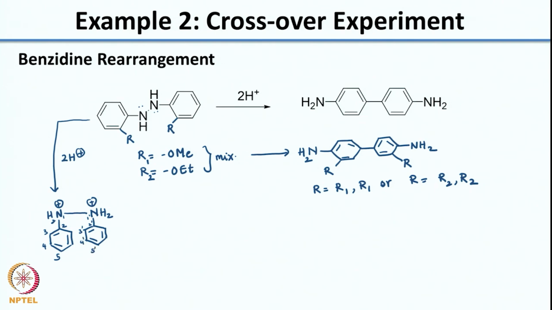So, just like we did the 3,3 sigmatropic shift, you can do a 5,5 sigmatropic shift to give you in one pot. So, you have these electrons coming here. You can have this sigma bond breaking, rearrangement of the pi electrons, formation of a new sigma bond and again rearrangement of these pi electrons to give you the product.